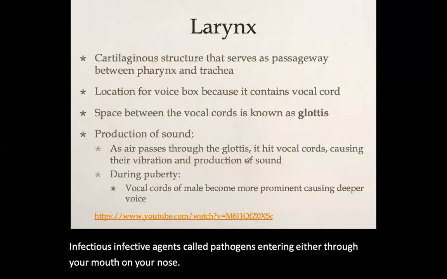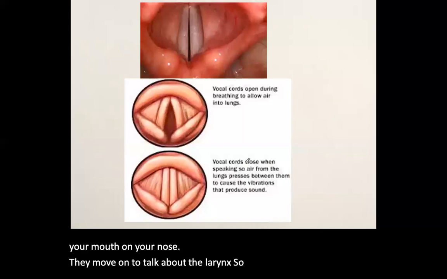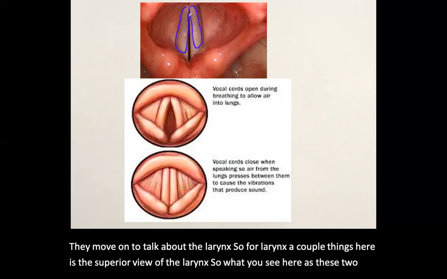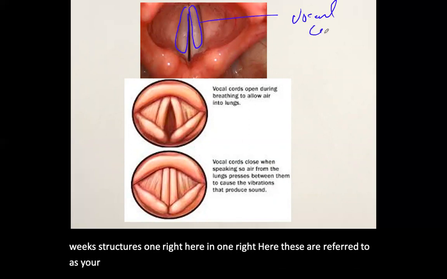We move on to talk about the larynx. So for larynx, a couple things. Here is the superior view of the larynx. What you see here as these two structures, one right here and one right here, are referred to as your vocal cords.